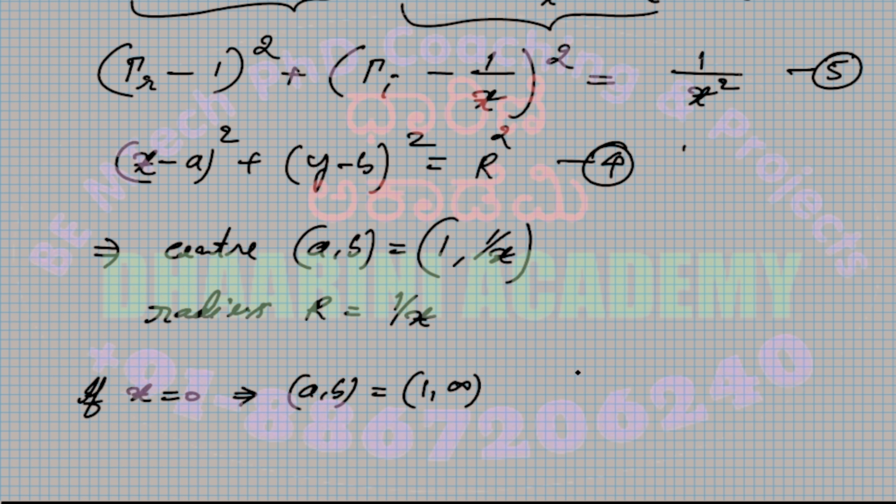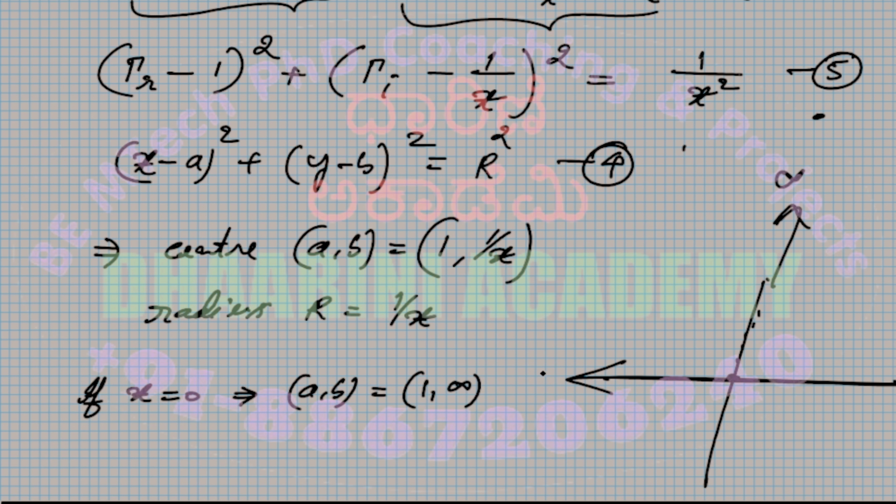Height is infinity. So the center will keep on moving and it will reach infinity. At infinity, I have a point circle. So this particular line itself will be the circle, correct? Because the center is at infinity, that's why it looks like a straight line. The radius is infinity.